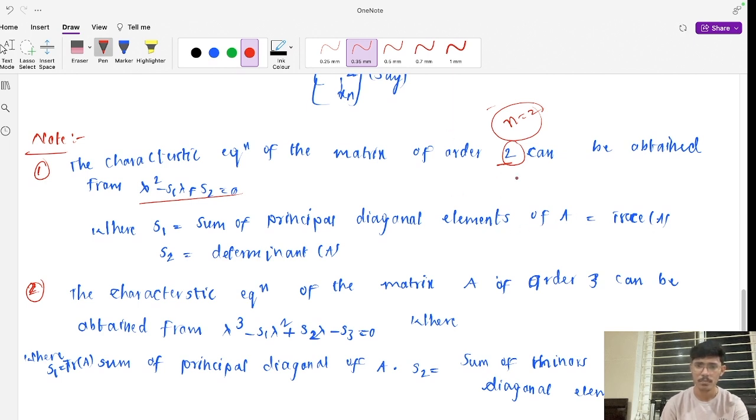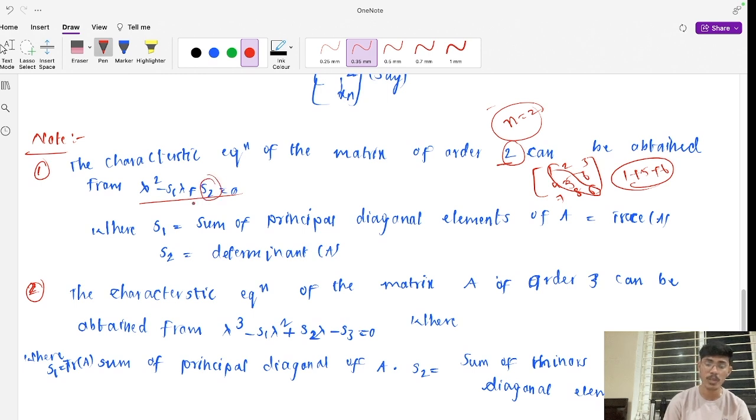శ ఉదాహరణకు ఇక్కడ 1 నుండి 9 వరకు ఉన్న మ్యాట్రిక్స్ అనుకోండి. Here the principal diagonal elements are 1, 5, 6, so 1 plus 5 plus 6. This is the trace of A. This is S1.